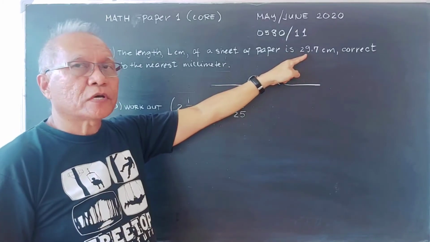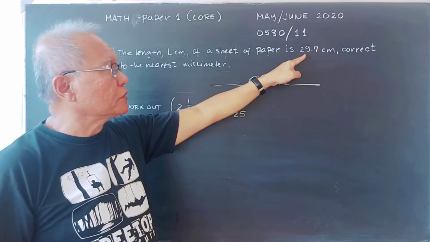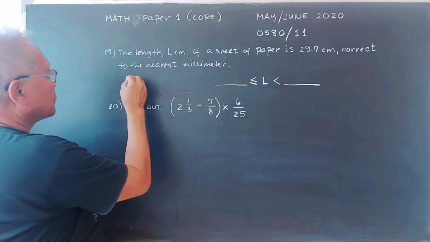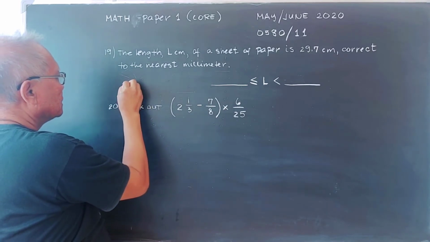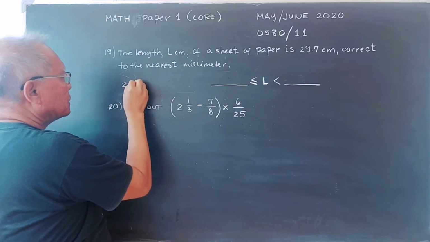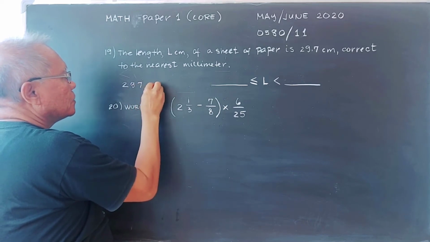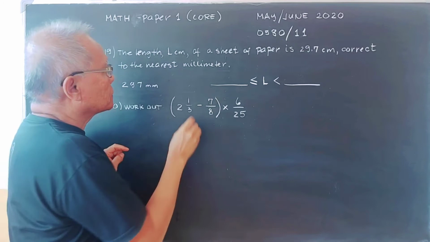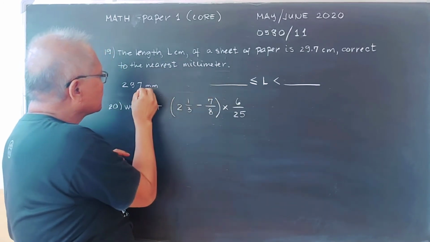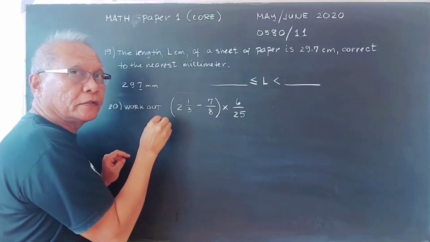We change this one first to millimeters. So that 29.7 is actually 297 millimeters. So to the nearest millimeter means here.